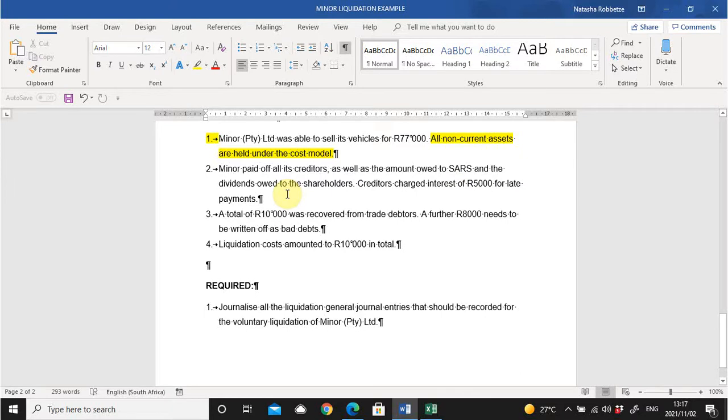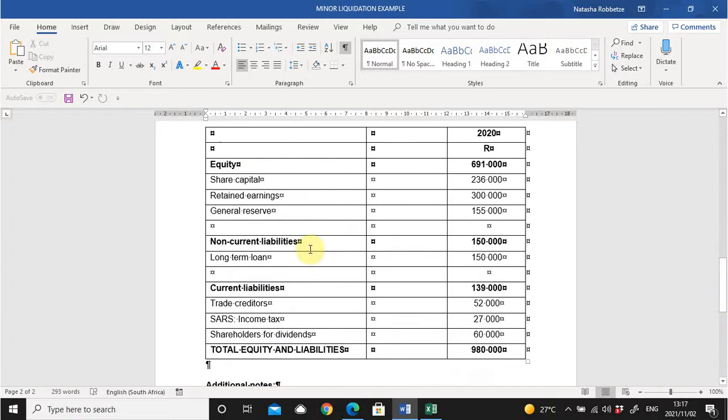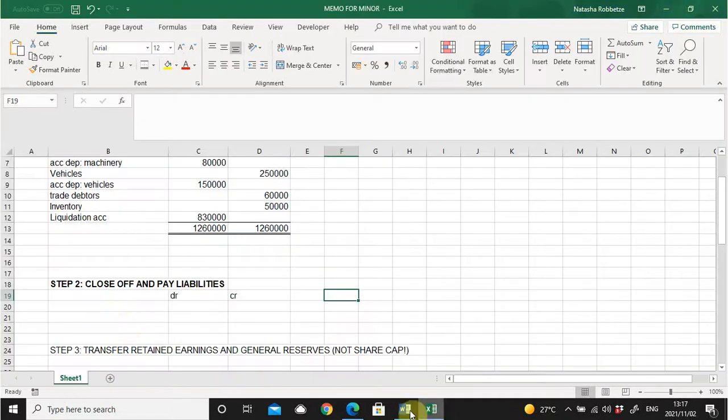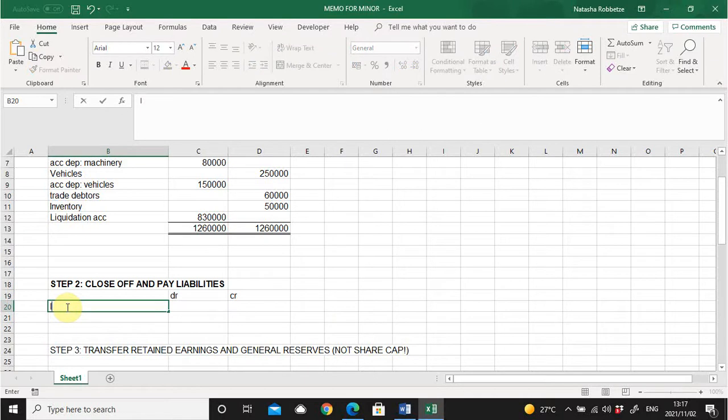So how do we approach this? Well, if I look at all my liabilities, I have a long-term loan, then I have creditors, I have SARS, I have shareholders for dividends. So I need to go and close off my long-term loan. I need to close off some creditors.